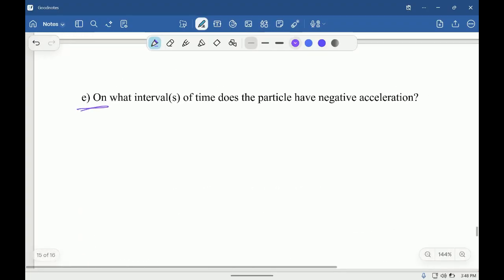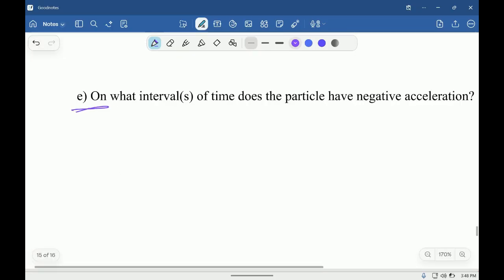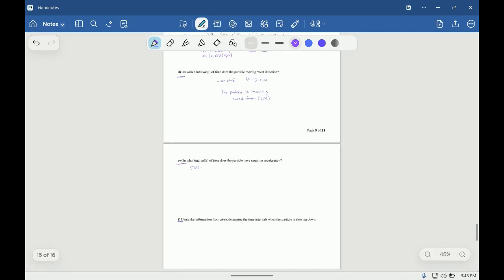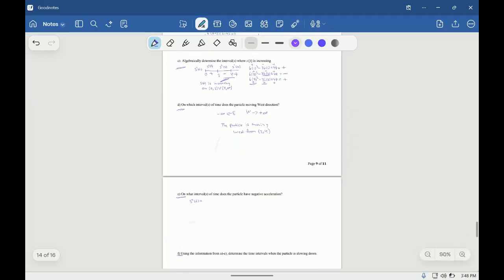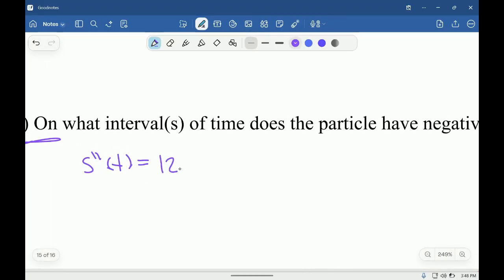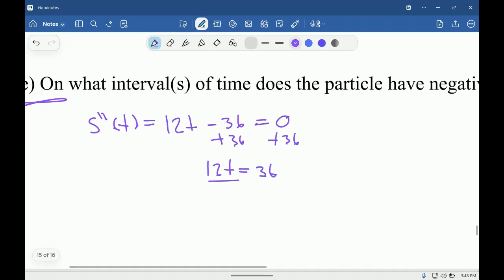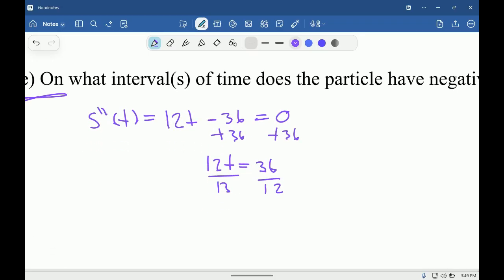For this problem, it's asking us what intervals of time the particle has a negative acceleration. We're going to want to use our second derivative. So let me write that out real quick: 12t minus 36. And we're going to set this equal to 0, plus 36, plus 36. 12t equals 36, divided by 12, divided by 12. t equals 3.